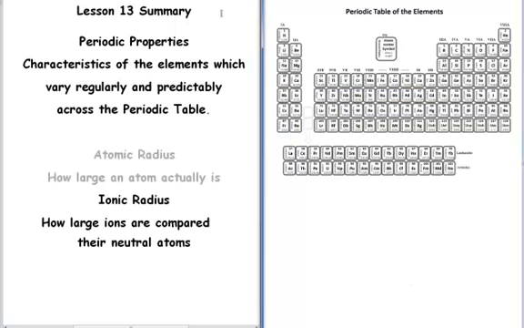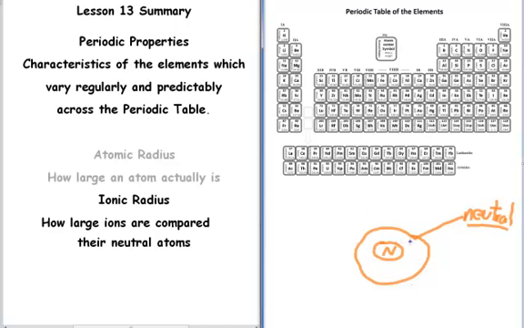The second periodic property is called ionic radius, and it compares how large ions are compared to their neutral atoms. Remember, ions are atoms that now have a charge, either positive or negative. So here's an atom. See its nucleus, and then I'm showing its radius around the outside, and I'm identifying that as a neutral atom.